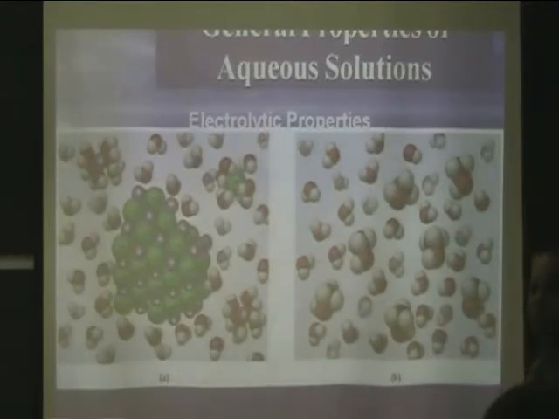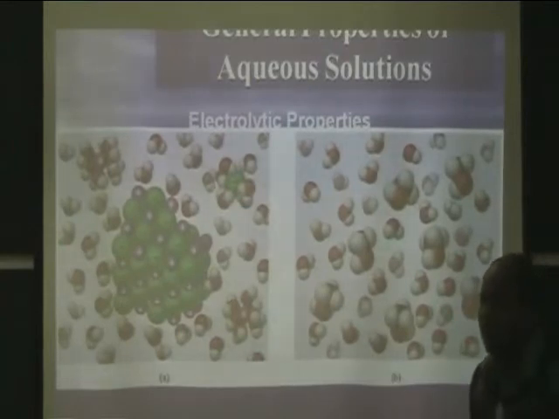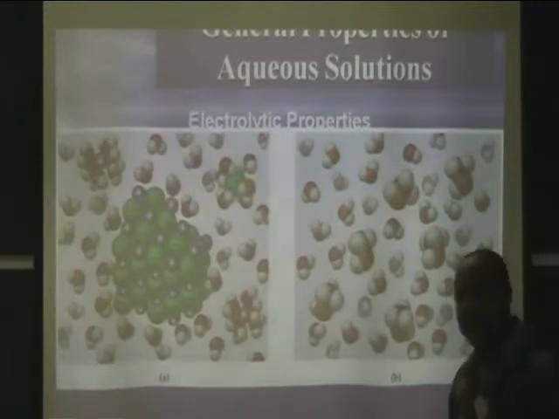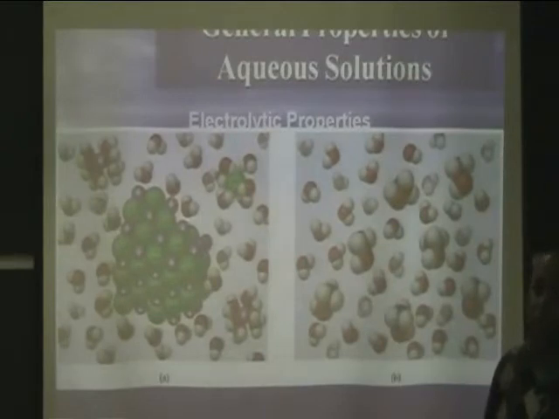Yes? So if it's a non-electrolyte, then you can't pass an electric current through it? Yes, it won't. You can do experiments like this. For example, we can do a simple experiment in the lab.